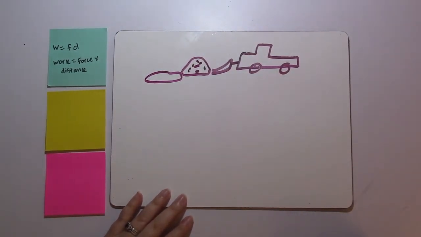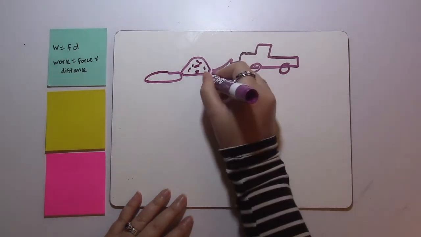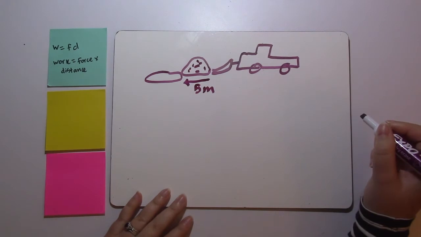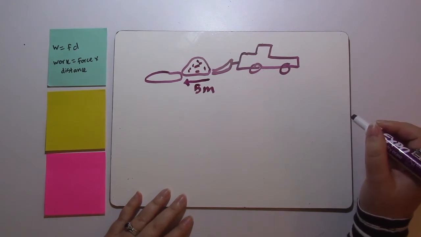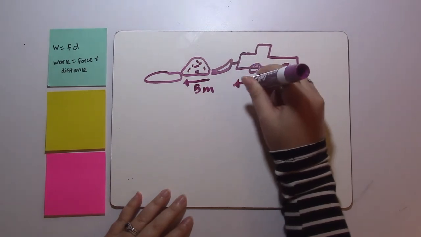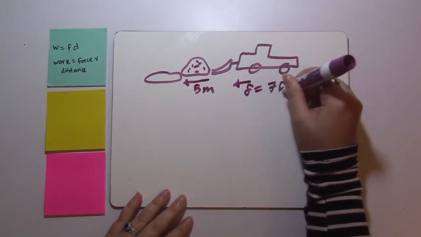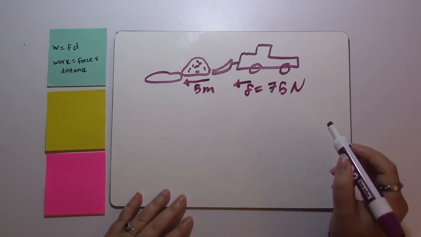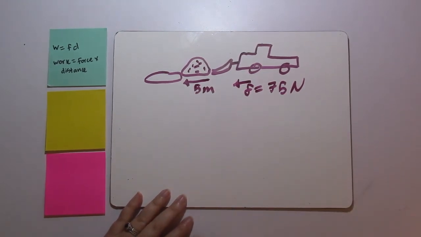We know that the distance being pushed is 5 meters, and we know that the truck is applying a force of 75 newtons. If we have this information, we can figure out how much work is being done.